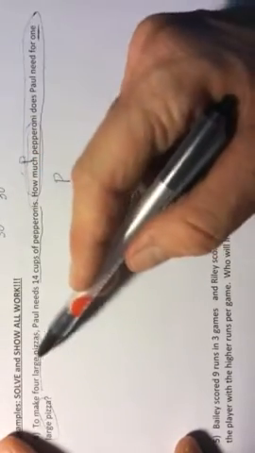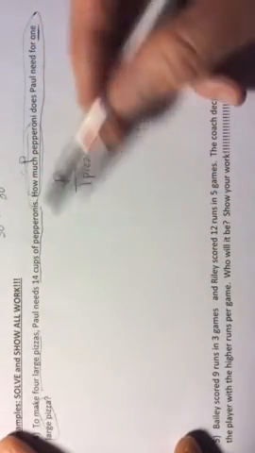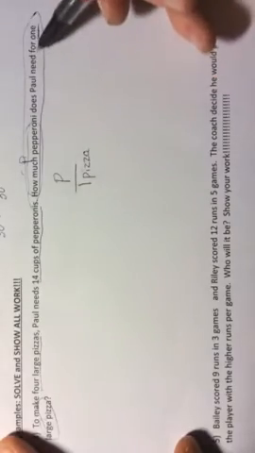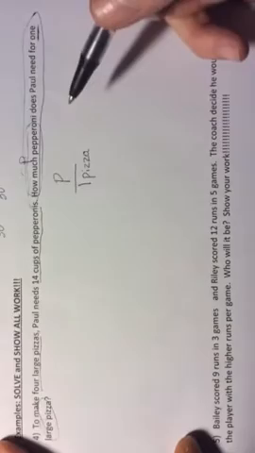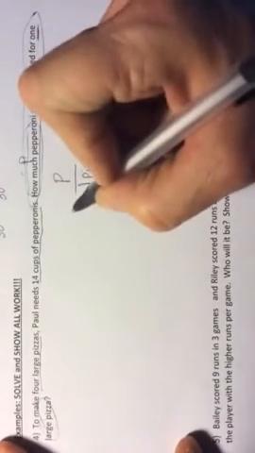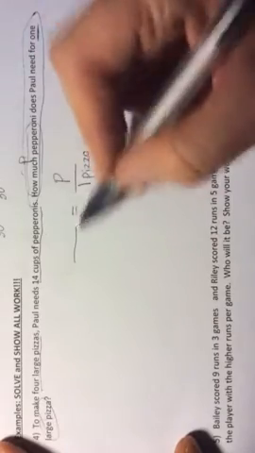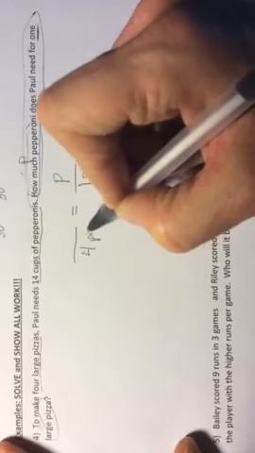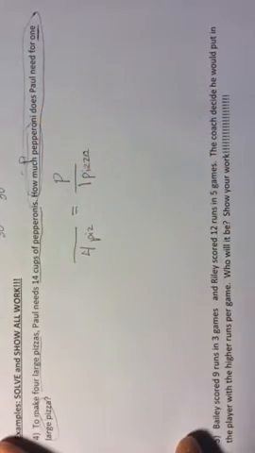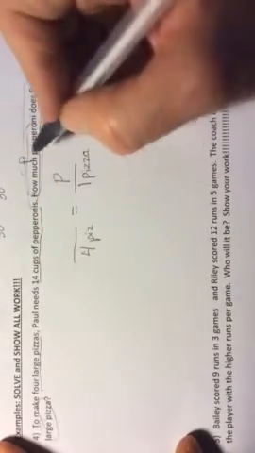And then we've got a given ratio, and these would have to be proportional if we're going to cut the recipe and just do 1 large pizza instead of 4 large pizzas. So when we make the ratio, the denominator is going to have to match up to the denominator over here in our unit rate. So we have 4 large pizzas, so we'll put 4 pizzas and put P-I-Z for pizza. And then we know how many cups of pepperoni.